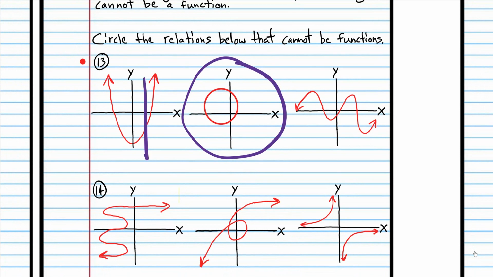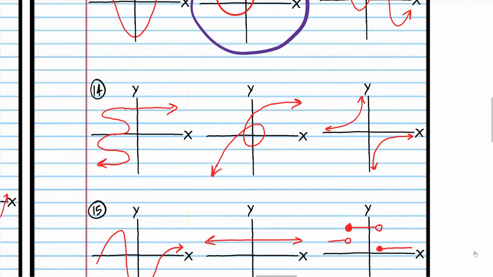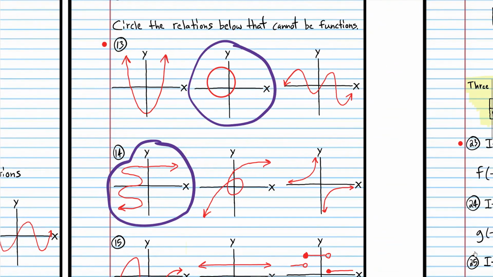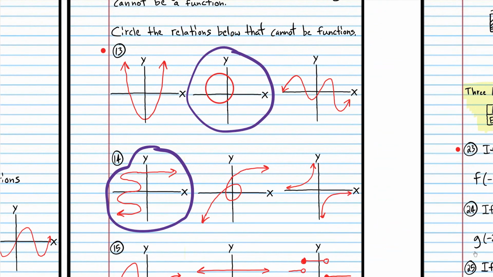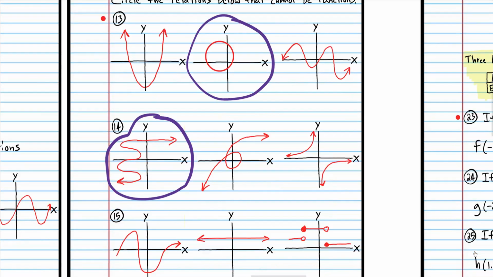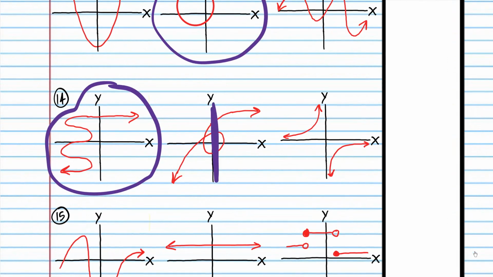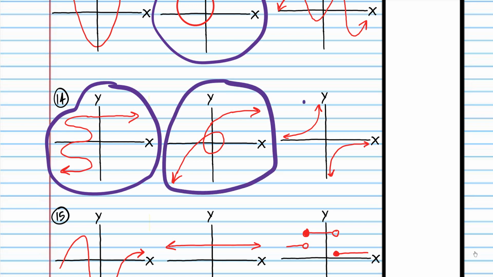And here, any vertical line only touches once, so that can represent a function. Now here, a vertical line touches multiple times, so that cannot be a function. That graph does not represent a function. And here, a vertical line touches more than once, so that graph cannot represent a function. Vertical lines only touch once, so that can represent a function.